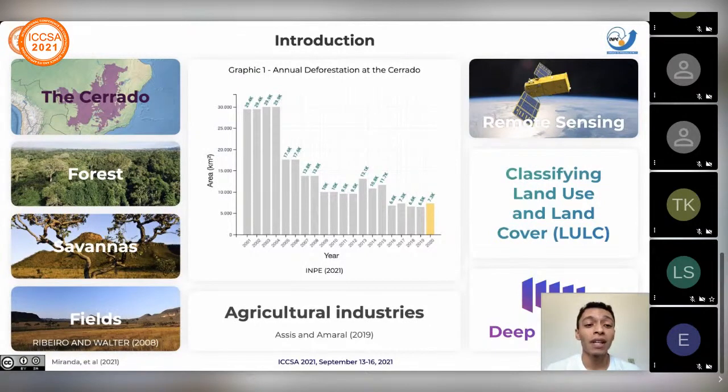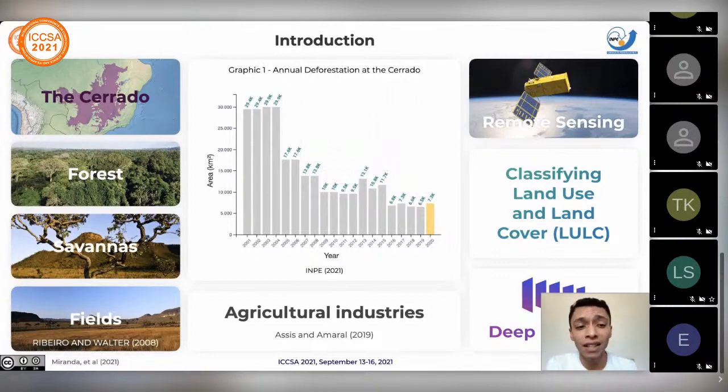However, this biome is threatened by intense human activities, such as agricultural industries, that despite Brazil's food production contributed to the growth of deforestation, where in 2020 there was an increase of 7.3 thousand square kilometers in the Cerrado, as illustrated in graphic 1. Compared to the last year, approximately 0.8 thousand more square kilometers were registered, according to the National Institute for Space Research.